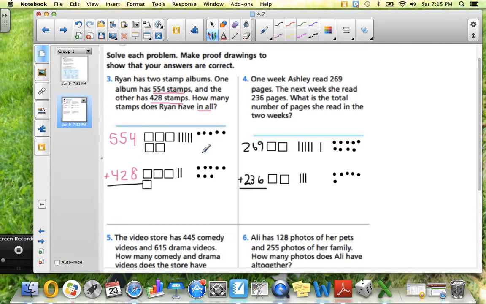Okay, so what we're going to do is, after we make the place value drawing and set up our addition problem right here, we are going to add the ones to get 12. So 4 plus 8 is 12. And we can make a new 10 with that and have 2 left over. So we have 4 up here, 8 over here.